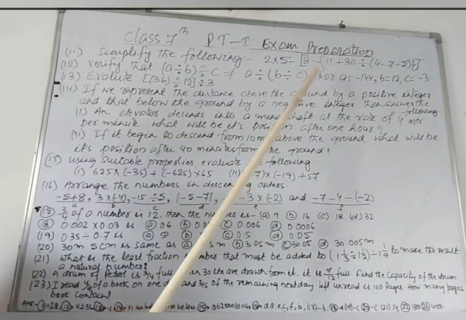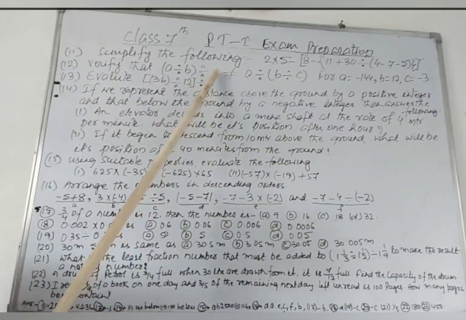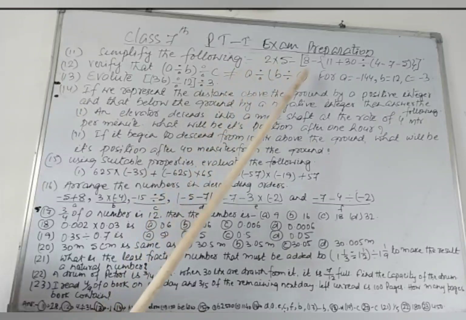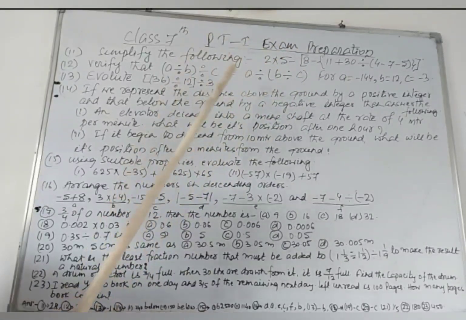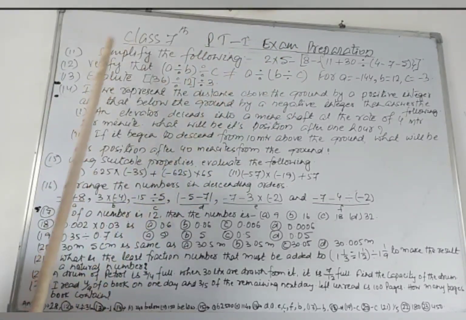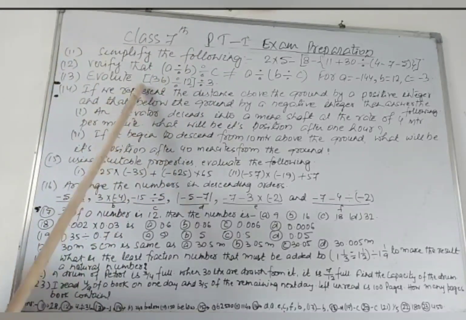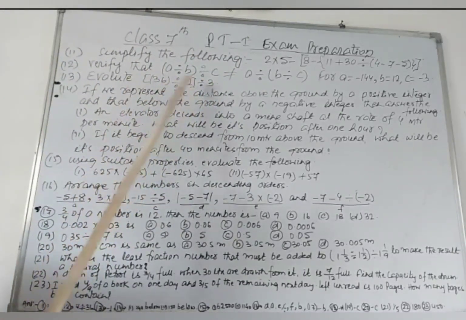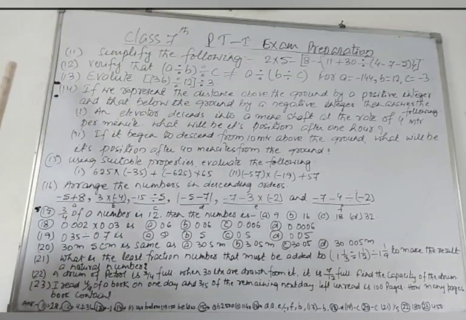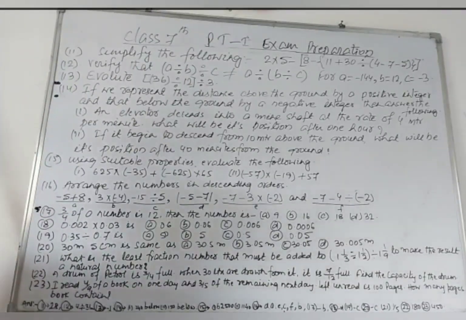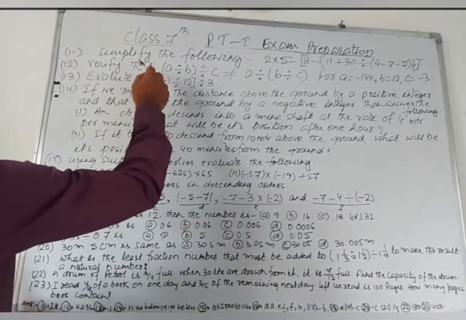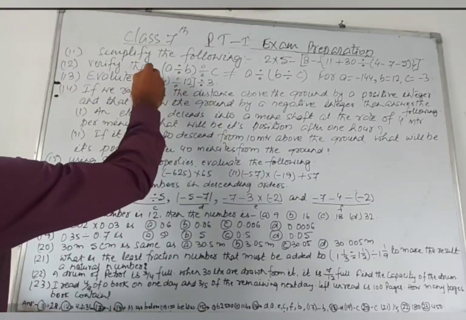Then if the answer on both sides is equal, this side answer should not be equal. This you have to verify. Evaluate this, solve and get the answer. This is capital bracket.